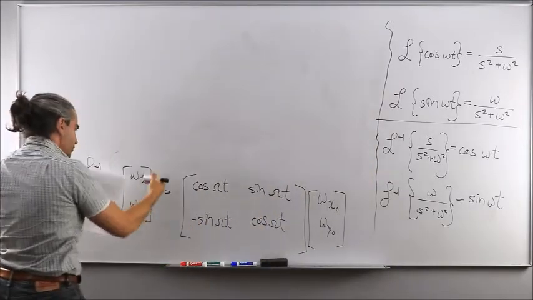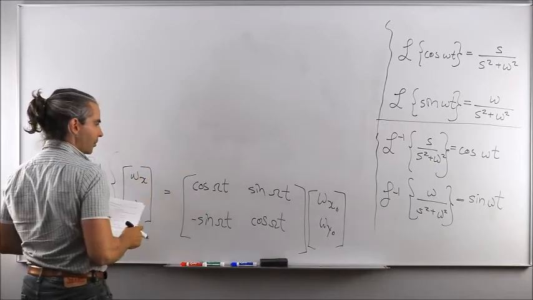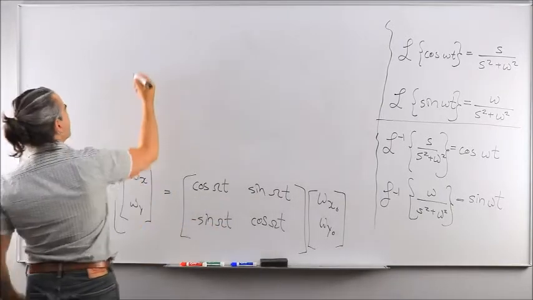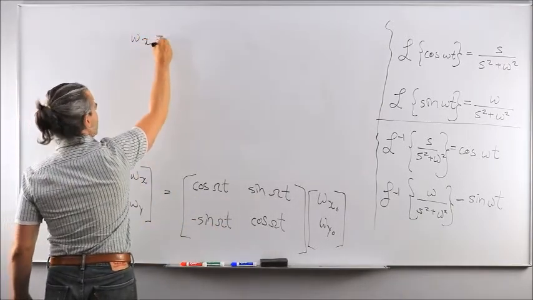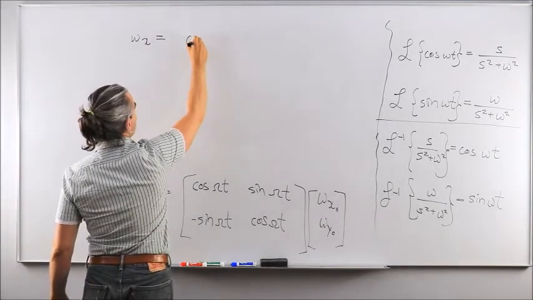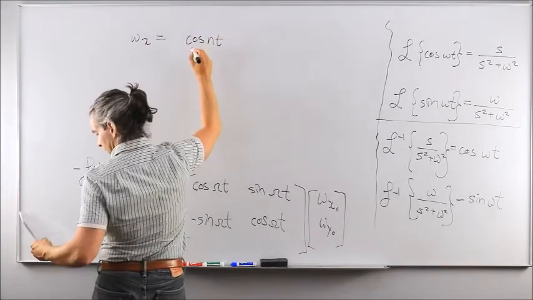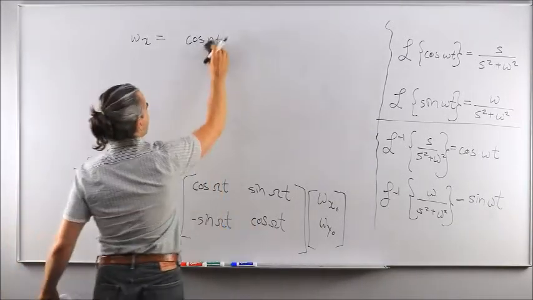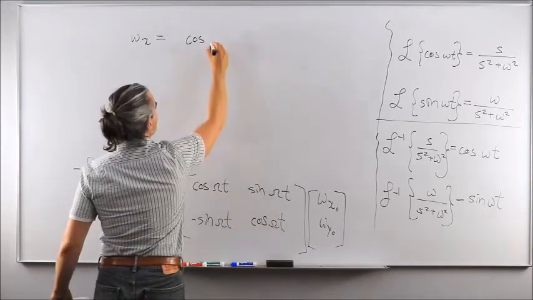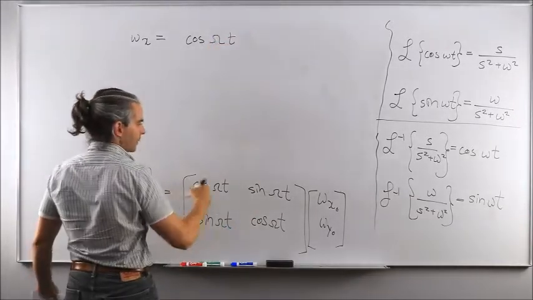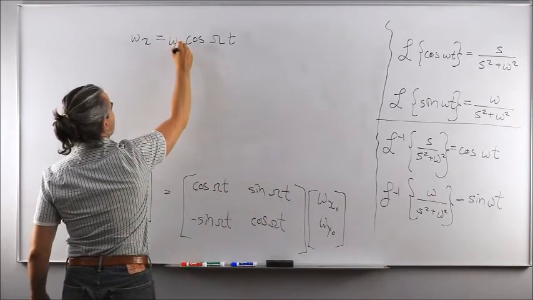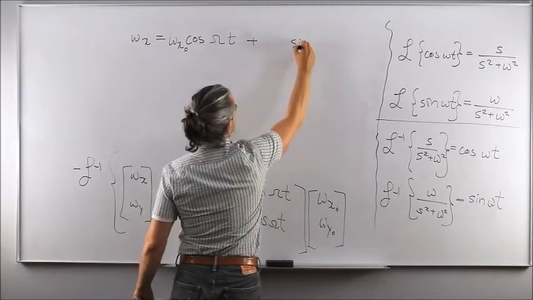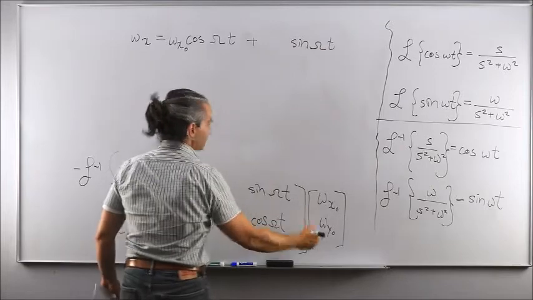So now I'm going to rewrite those two equations in terms of two separate equations instead of keeping them in a matrix form. We don't need to use matrices anymore for the process. So omega x as function of time is going to be equal to cos capital omega t. That's not n, it's just capital omega. Cos relative spin rate times time, that multiplies omega x naught, plus sine omega t, that multiplies omega y naught.